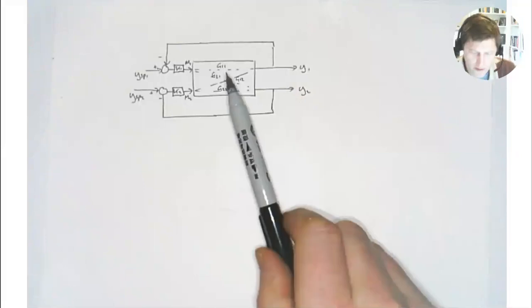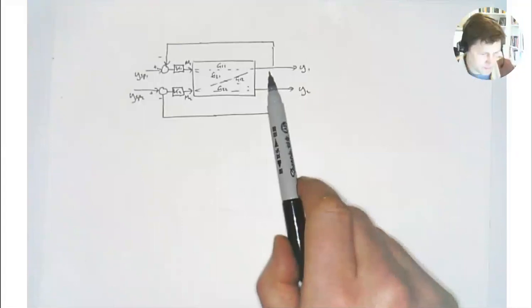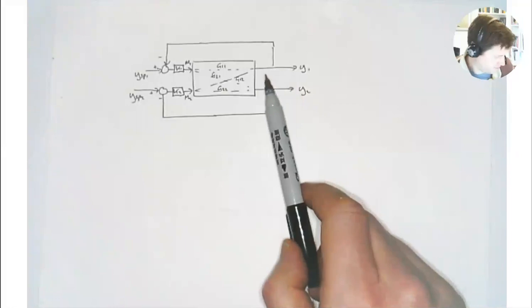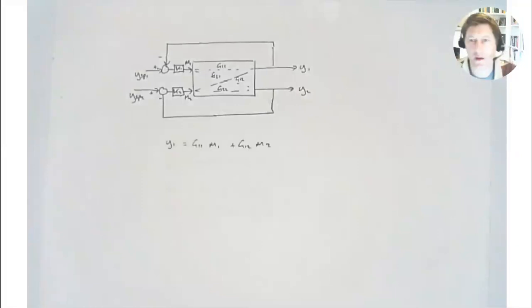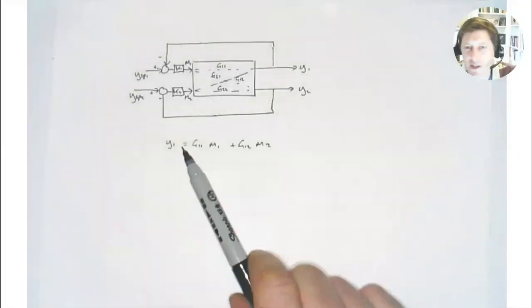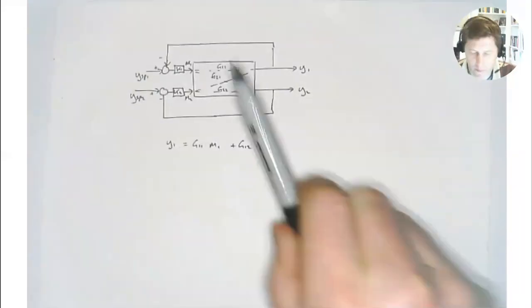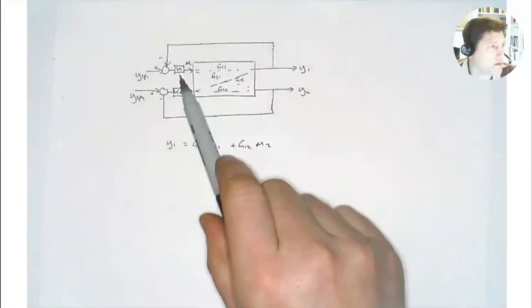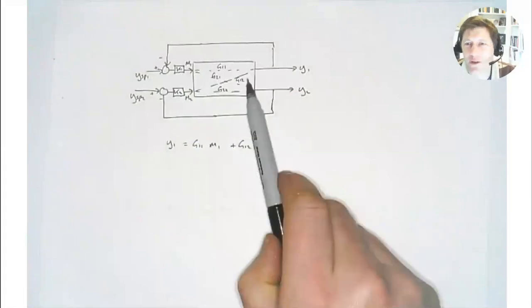Okay, so how are we going to do that? Well, we can write out the relationships. So Y1 is equal to G11 times M1 plus G12 times M2.